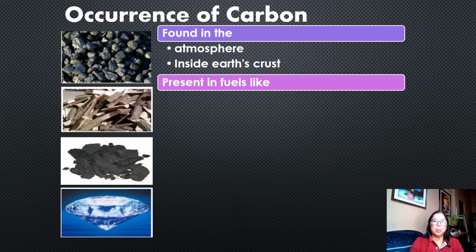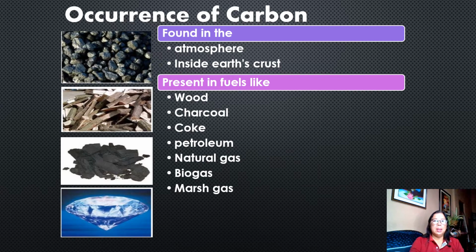found in the atmosphere. They are also present in fuels like your wood, charcoal, and even the coal that is used to produce coke. The coke here does not refer to your soft drinks, but rather to the coke that is used as fuel.